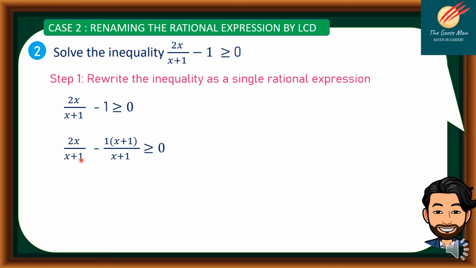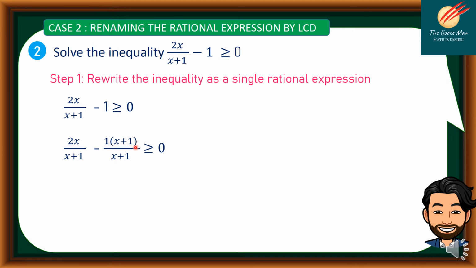To do that, let's review. x plus 1 divided by x plus 1 times 2x is equal to 2x. On the other hand, the denominator of negative 1 is actually 1. So, x plus 1 divided by 1 times negative 1 is negative 1 times x plus 1.